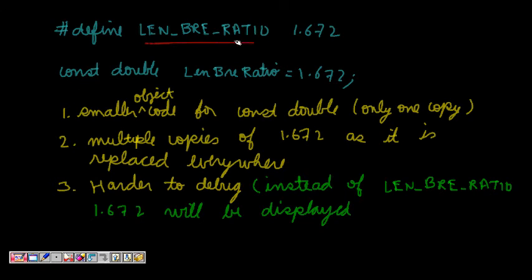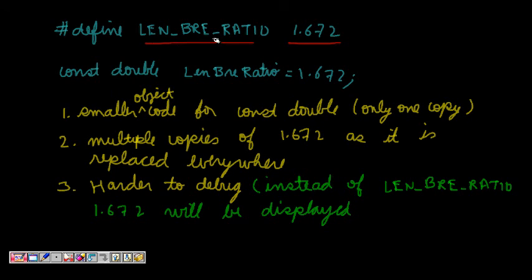If you are debugging code and someone else has written this header file and you don't know about it, you will get an error where the symbol LENGTH_BREADTH_RATIO will not be shown, and it will just say 1.672, and you will be confused about what this number is. We use #define so that this becomes clearer, but when you are debugging, only 1.672 will show up.